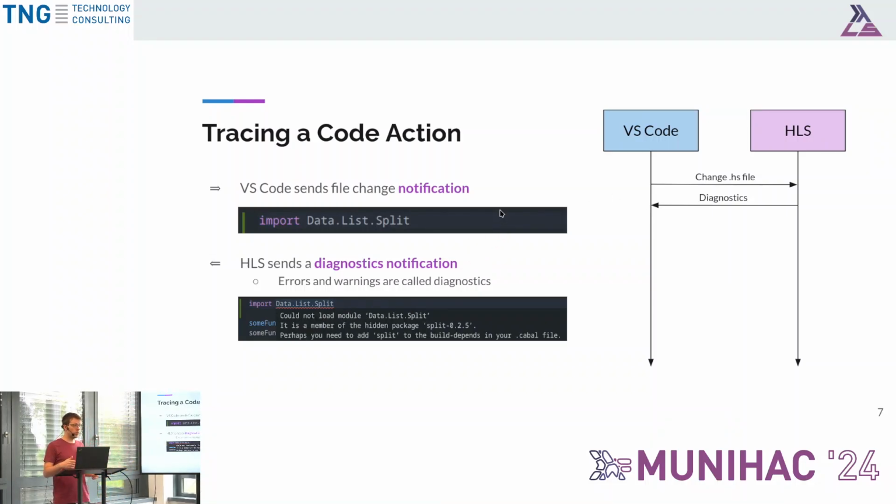And when we enter this line, import Data.List.Split, then GHC will tell us, I cannot resolve this import. You do not depend on the package split, which the code editor will display to the user.